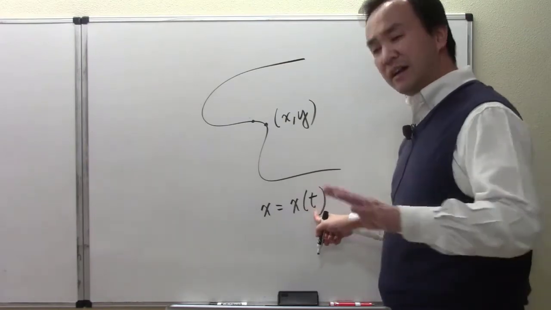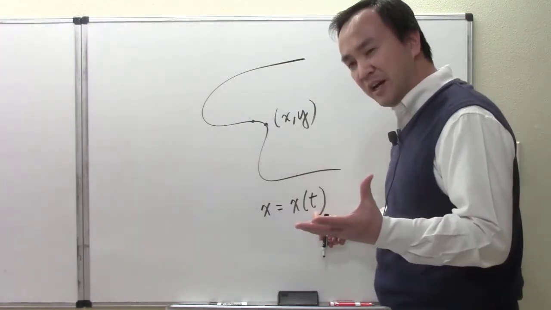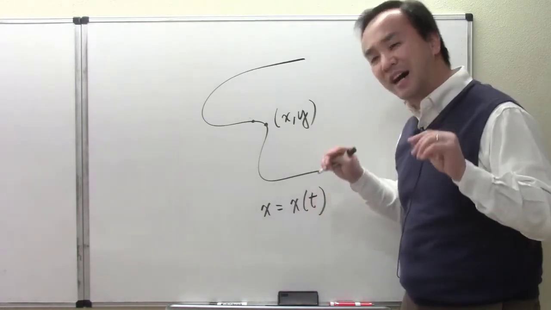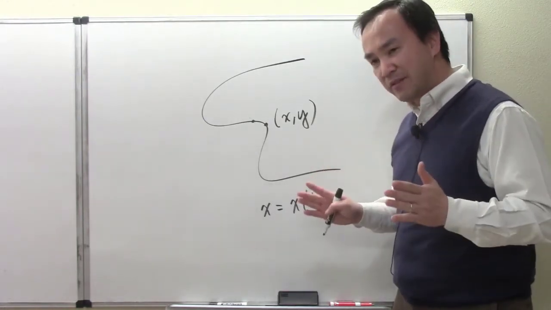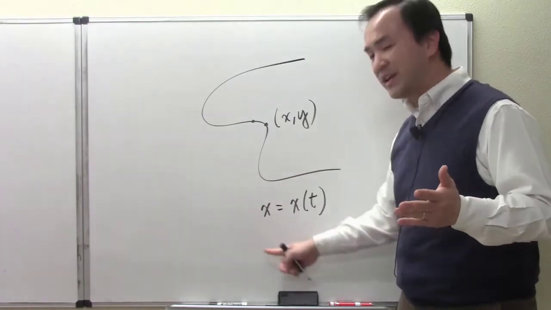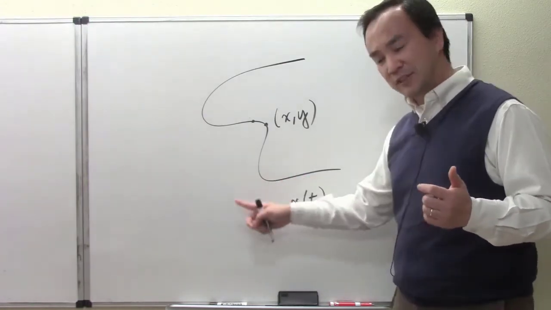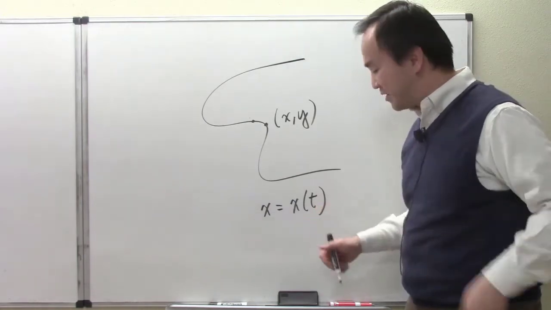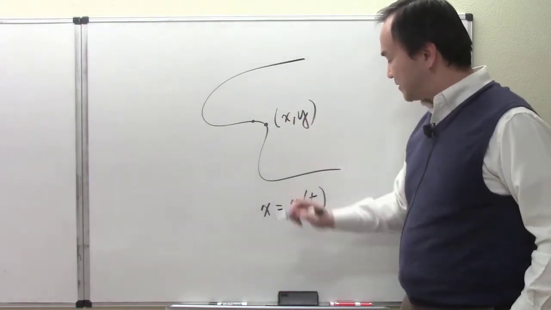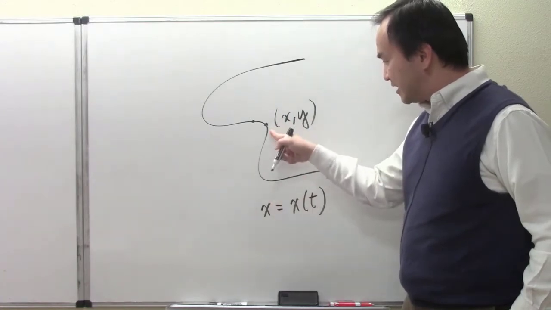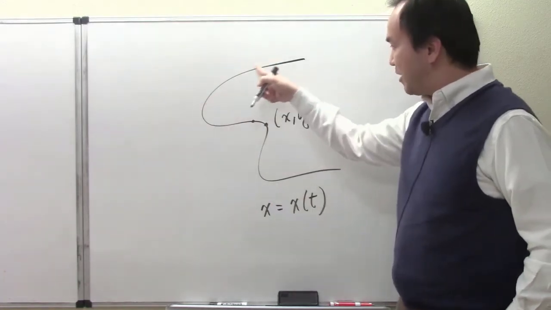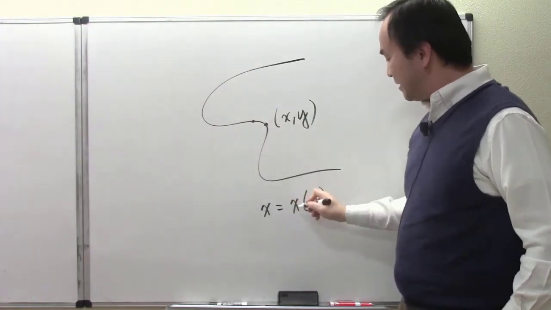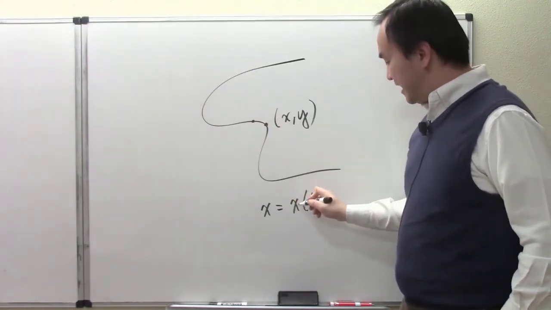Most of the time in my lecture on parametric equations I try to avoid the word time, because the parameter t can represent a lot more than just time, but now we can start treating the t parameter as a time parameter. So the x coordinate at any position of our particle on this curve can be expressed parametrically as a function x of t.